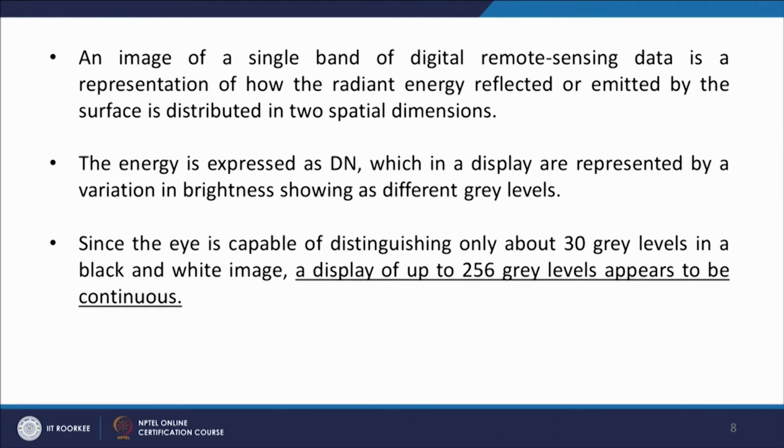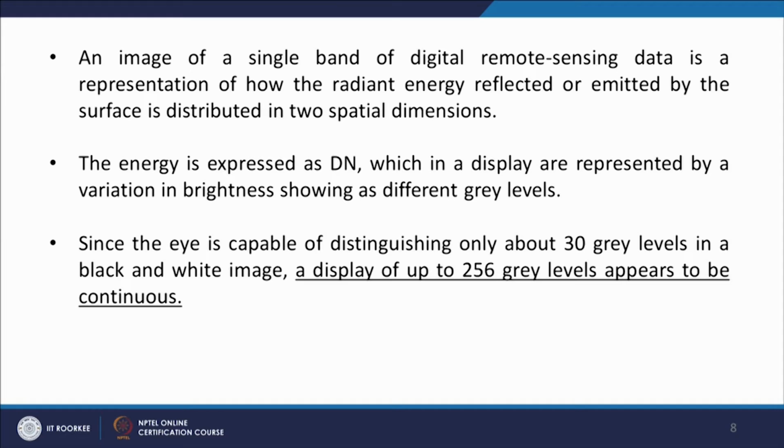And since the eye is capable of distinguishing only about 30 gray levels in black and white, the human eye is not that sensitive, whereas in colors we might have more capability.